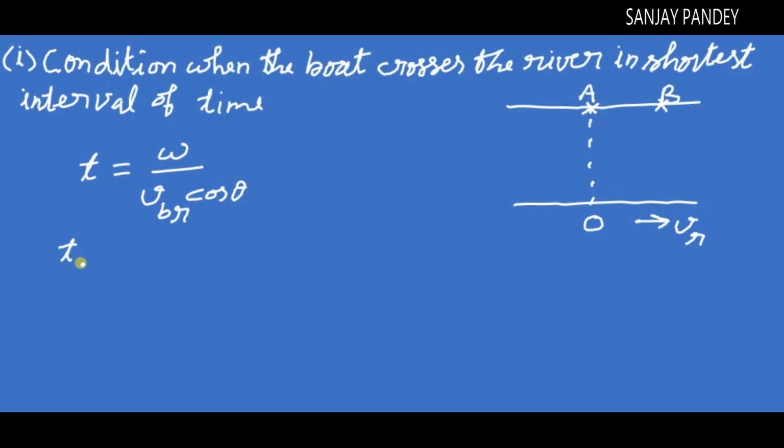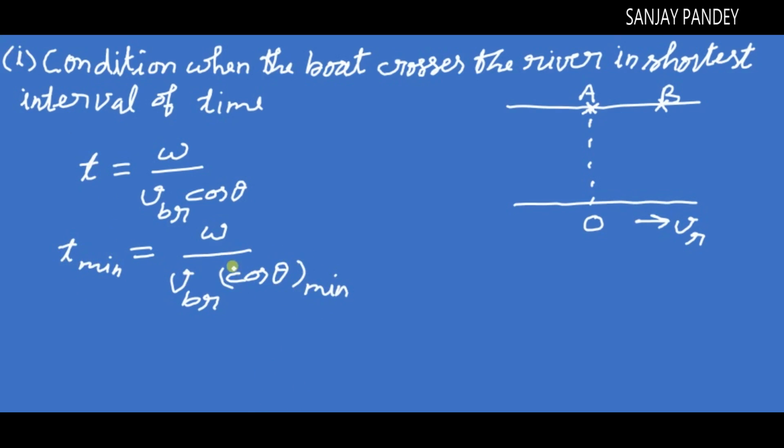T minimum, the shortest time, is W upon Vbr cos theta minimum. Cos theta should be maximum for the minimum value of T.